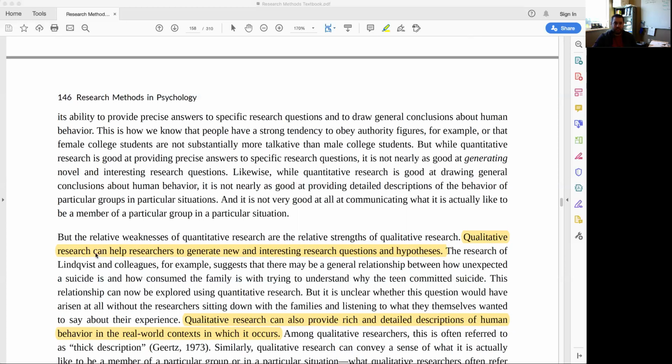So it can help researchers generate new and interesting research questions and hypotheses. So even though I've never actually done a full-on qualitative study, I do typically have some very minor qualitative components in my research for this reason of seeing, all right, why are people answering the way that they are?